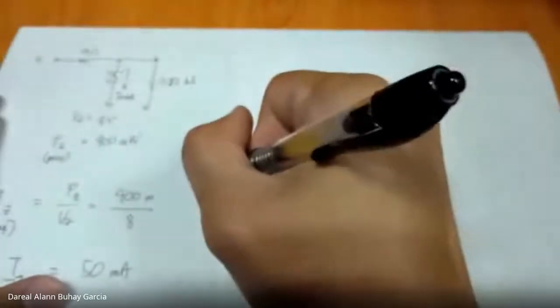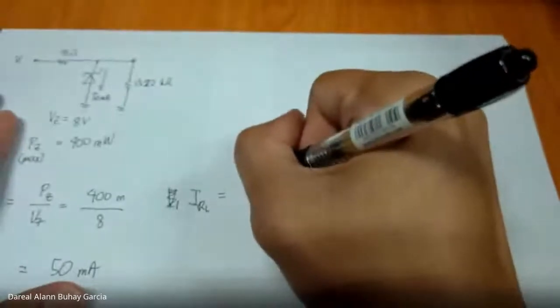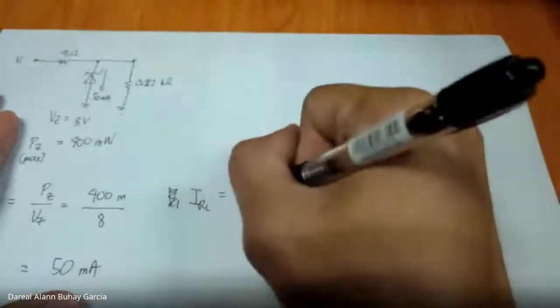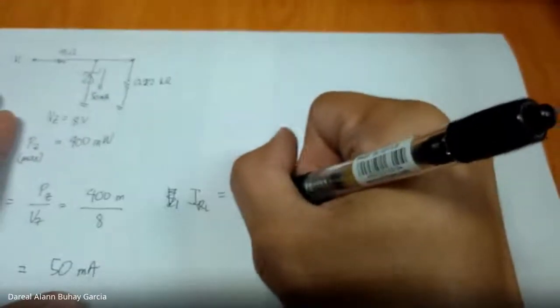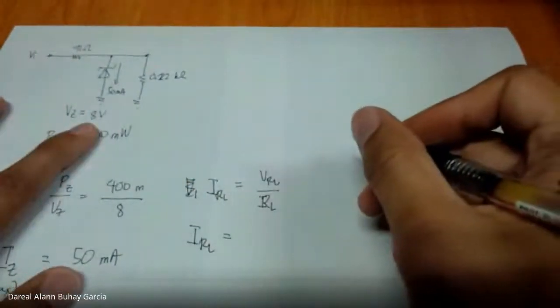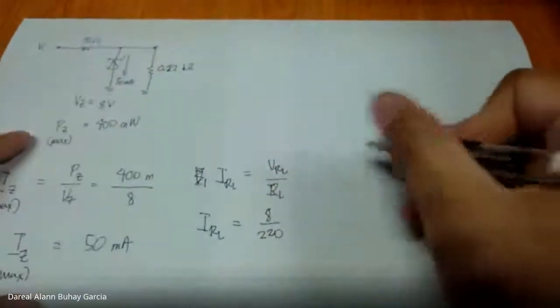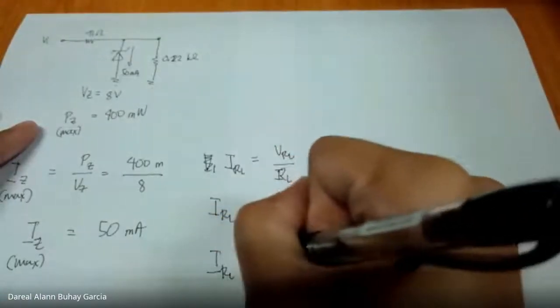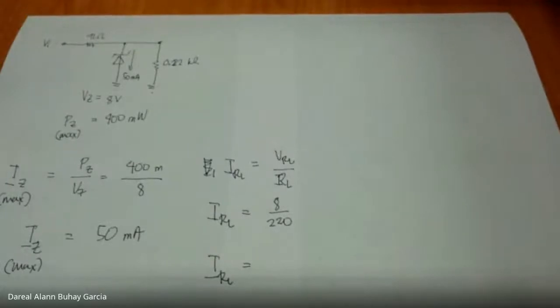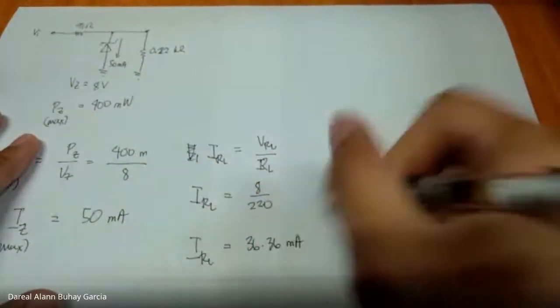So VRL over RL, IRL equals 8 over 220, which is 36.36 milliamperes.